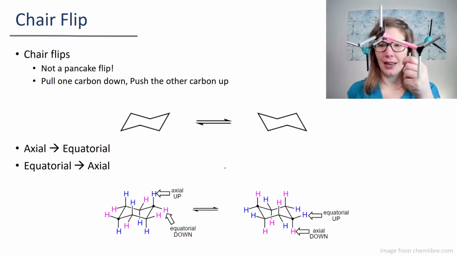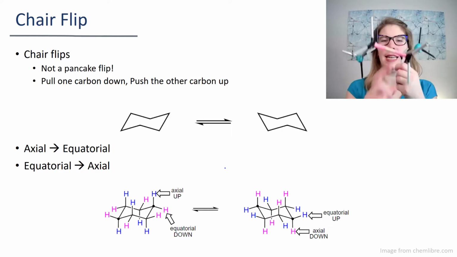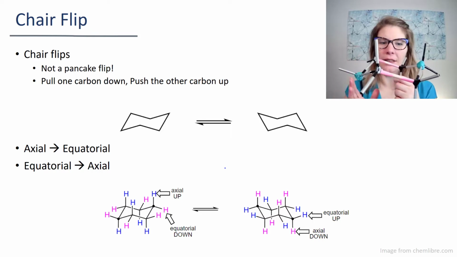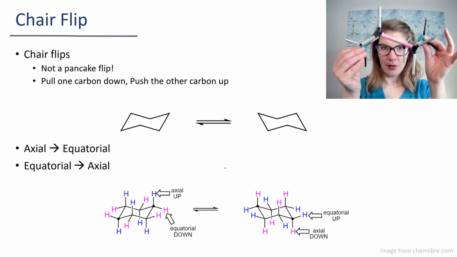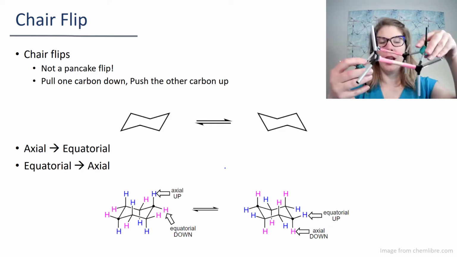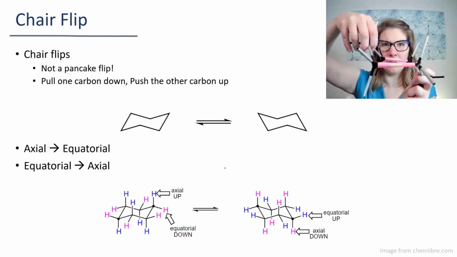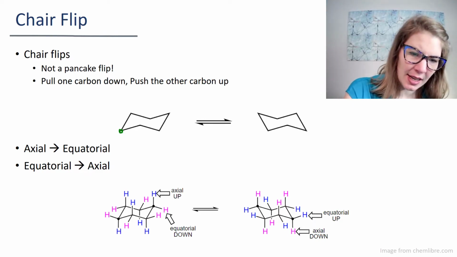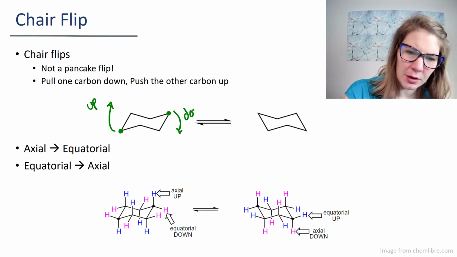So if we go back to what's happening here, we have our two highlighted bonds in pink that are our parallel bonds, and we have our atoms that are in turquoise. What happens is you pull one of them down and you pull the other one up. So on paper, this atom here is coming up and this atom here is getting pulled down.